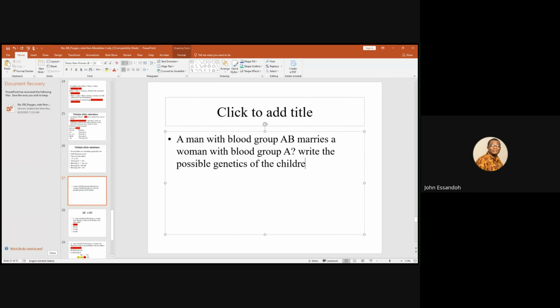This question is a little bit tricky, so let's see whether you can write it. Try your hands on it. Quickly, let me give you 2 minutes. It's a little bit tricky the way the question is.